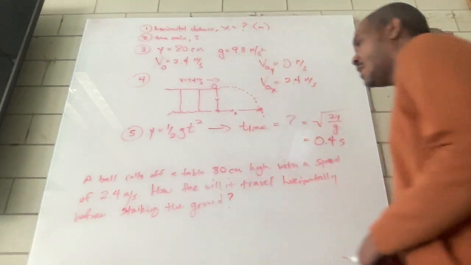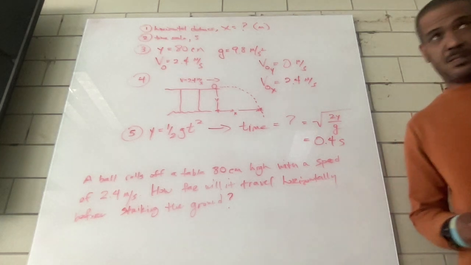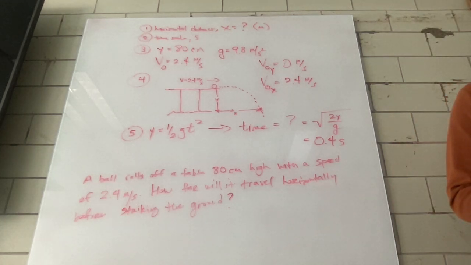So if I know the time and I know the speed in the x, then what? The velocity in the horizontal is 2.4 meters per second.